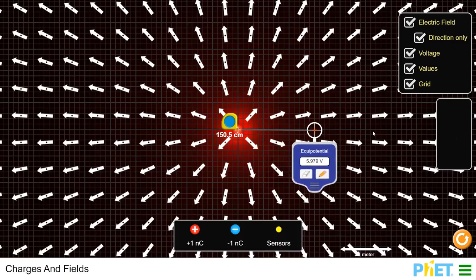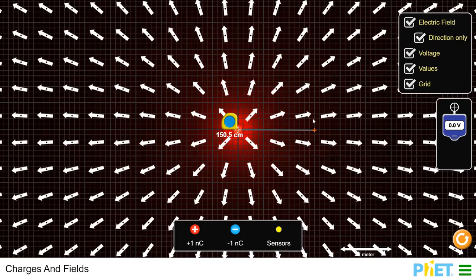Okay, so the electric potential is now equal to 5.979 volts. Again, the electric potential is equivalent to 5.979 volts.